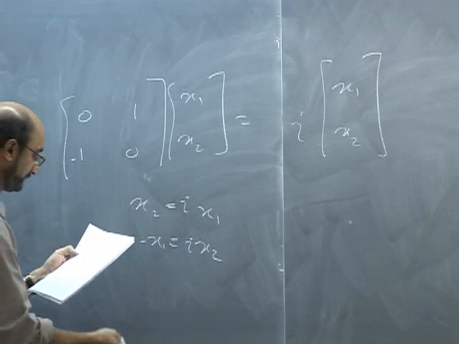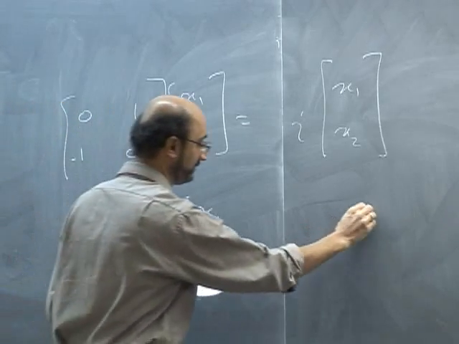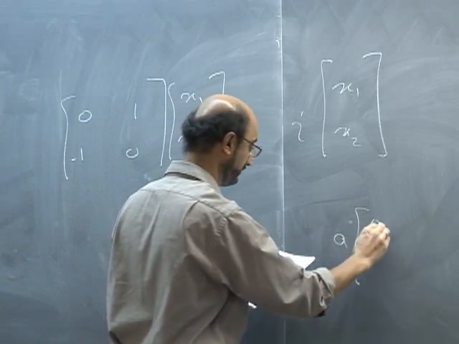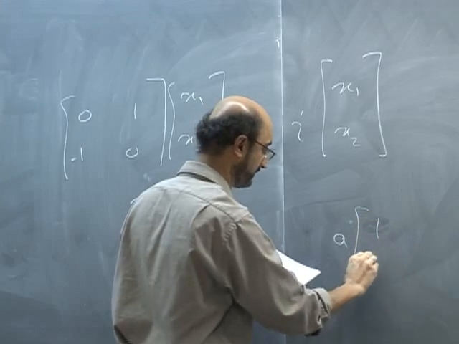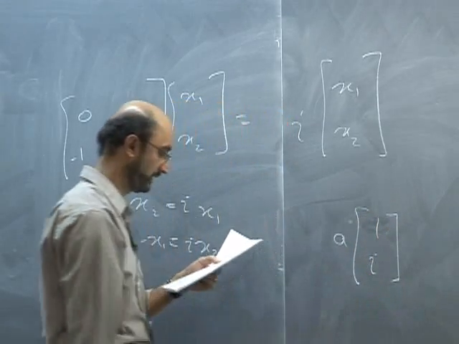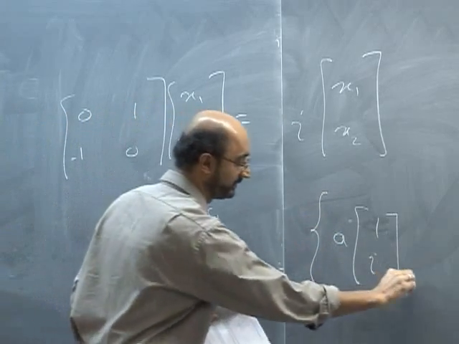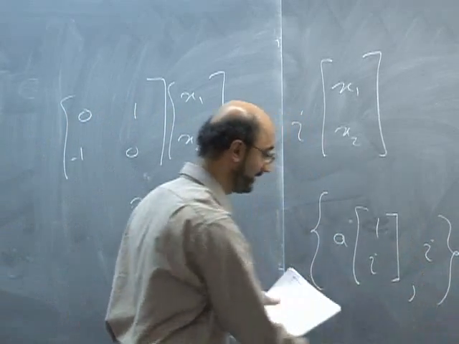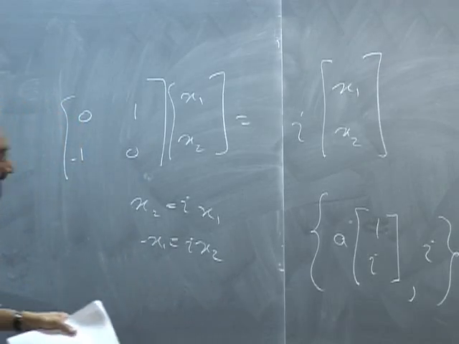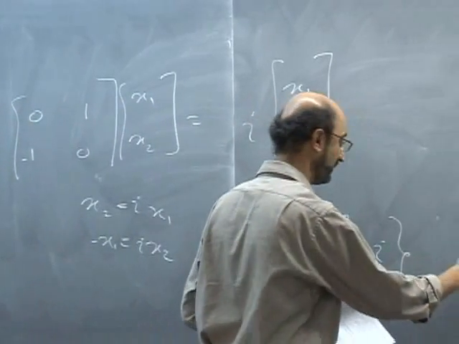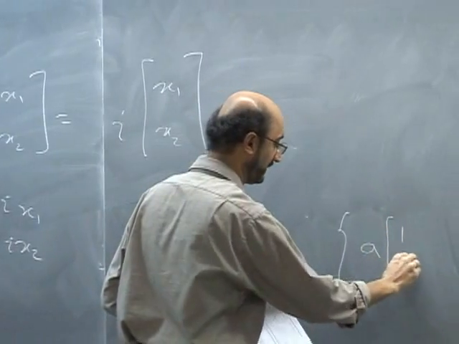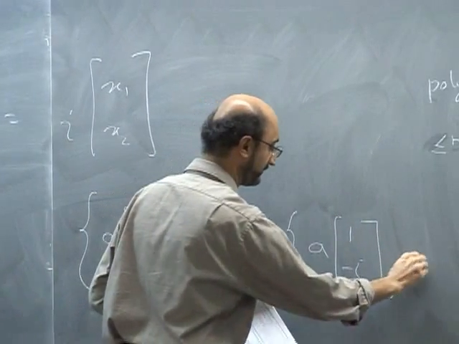And so one satisfying solution would be a times [1, i]. And so this eigenvector corresponds to the eigenvalue i. And similarly, you can find another eigenvector pair, which is a times [1, -i], and this corresponds to minus i.